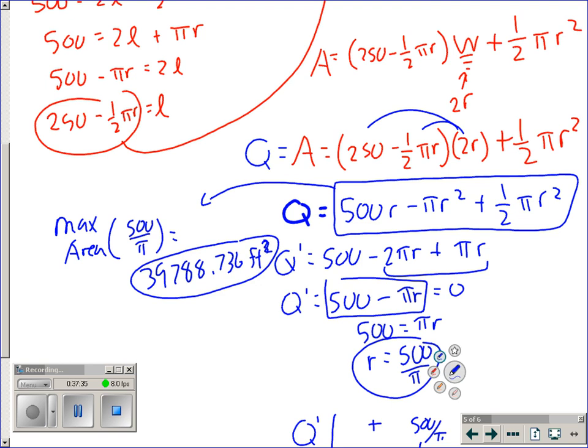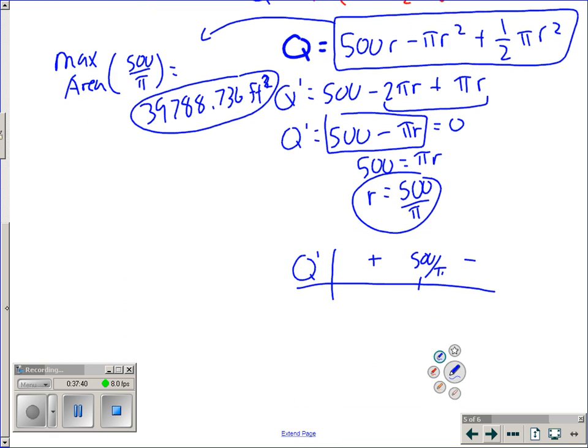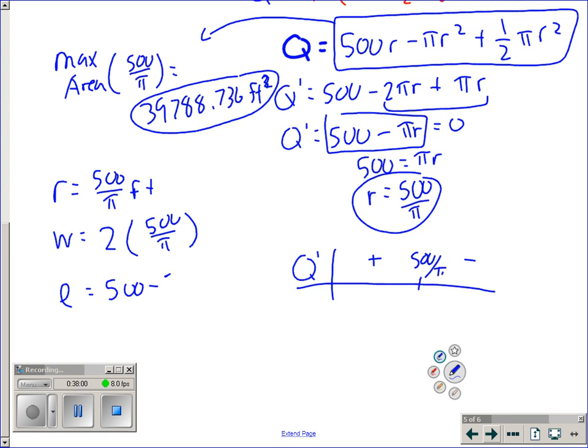Okay, and if you want the dimensions of everything else, you can think about it. It's not asking for the dimensions, but remember our radius was equal to 500 over pi feet. If I want my width, remember it was just 2 times that. And if I want my length, you can go back to the length equation and plug your value in for r.